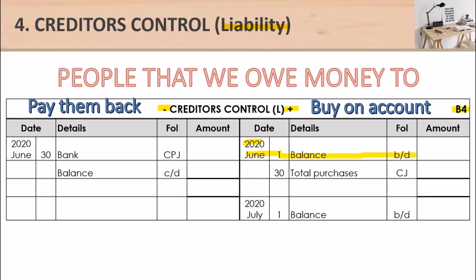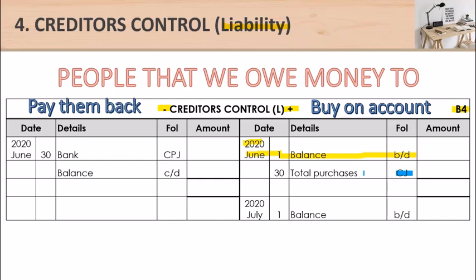The only journal that we can buy on account in is the CJ, the creditors journal, because people that we buy on account from are called our creditors. And we can buy many different things. We can buy equipment or stationery or whatever, and we don't list them individually.